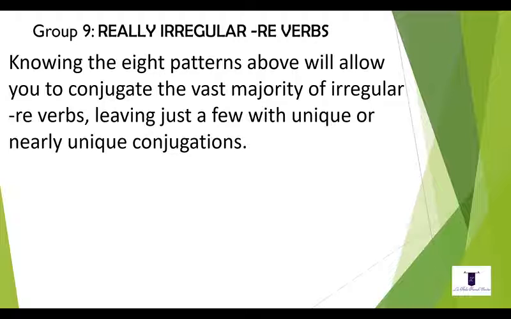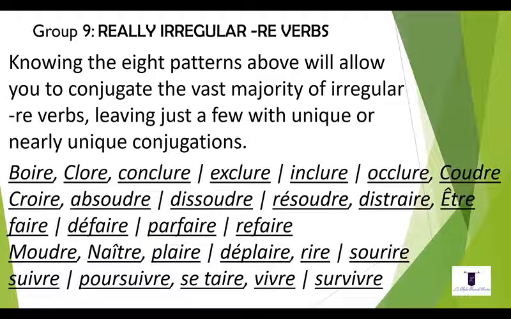Now knowing the 8 patterns above will allow you to conjugate the vast majority of irregular RE verbs, leaving just a few with unique conjugations. It means those that we are going to learn now have a unique form. They don't follow the pattern that the rest follow.